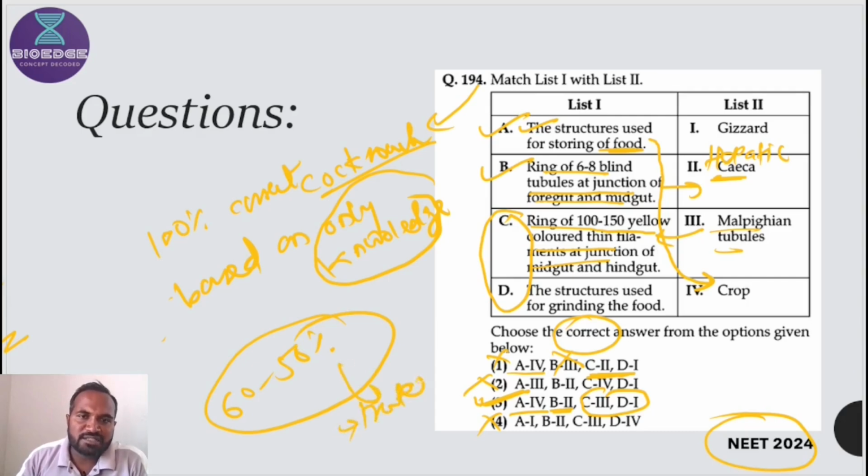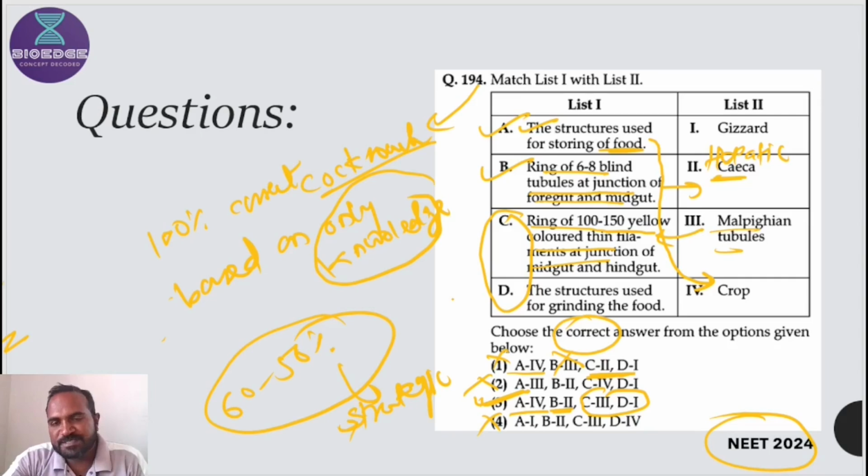They don't know the whole question, but they know one or two statements, and based on these one or two statements they can get the full marks also. So that's why these strategies boost your score by 50 to 60%.